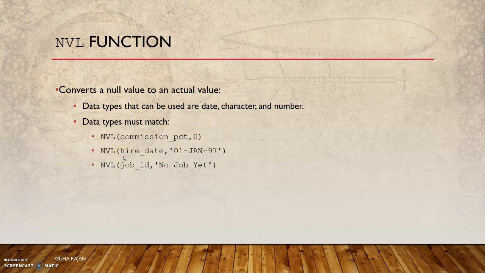And if it is a hire date and there is no value in that, you can replace it with an arbitrary value, stating that it is to be 1st Jan 97. And similarly, job ID: if a new joinee or an intern is assigned and there is no job assigned, so that is blank, then you can say NVL of job ID, no job is assigned.